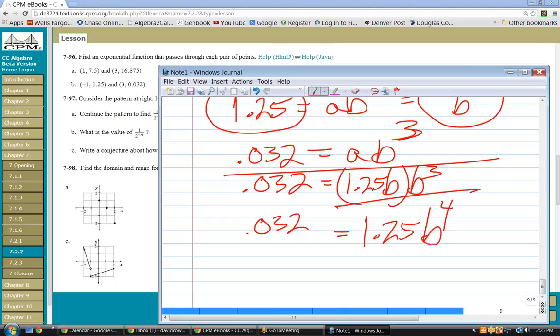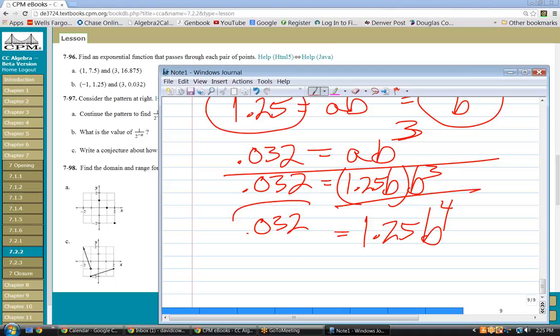What's the next step? Put it over. Trying to isolate b. Divide. There you go.